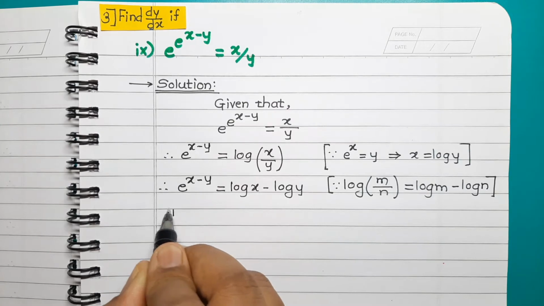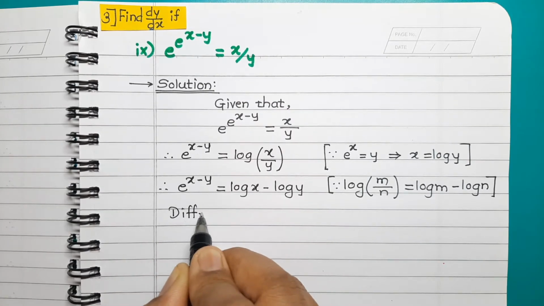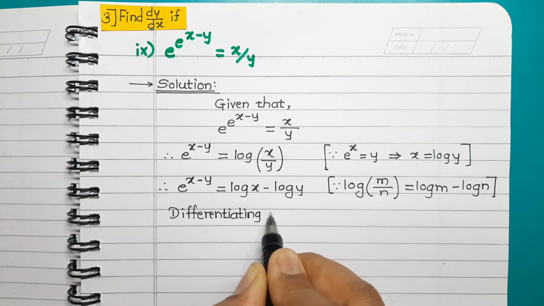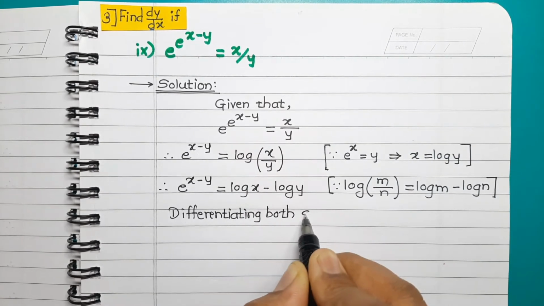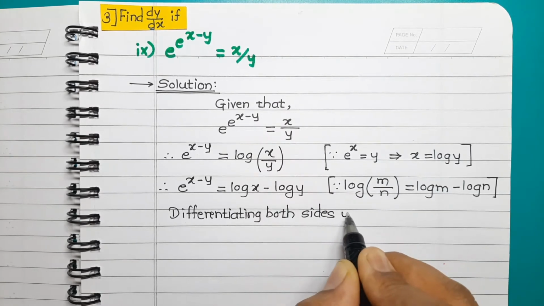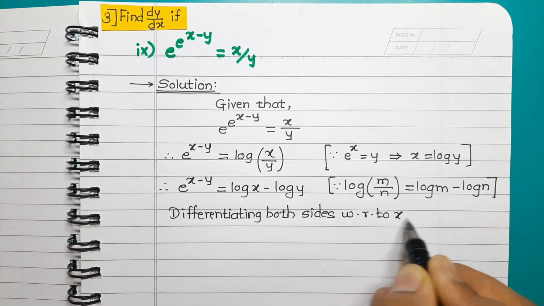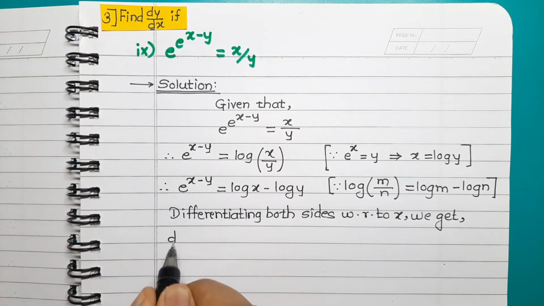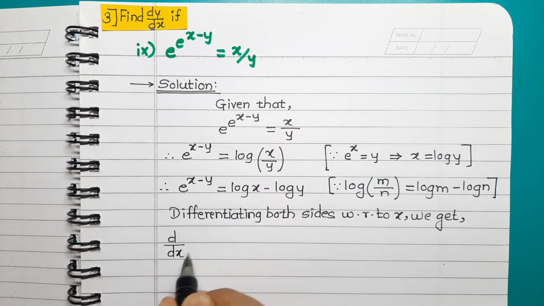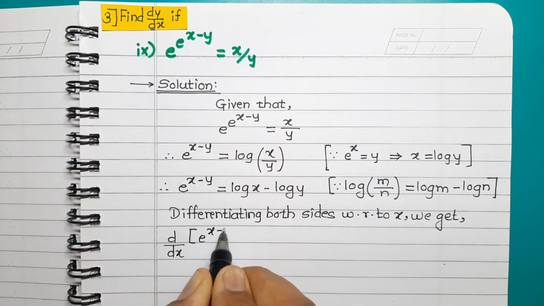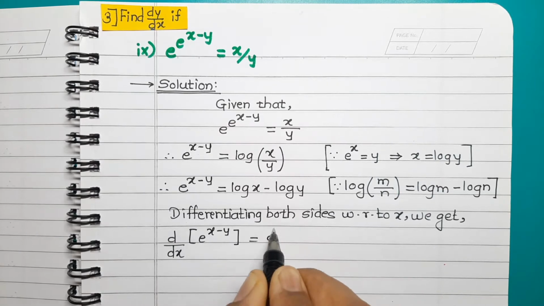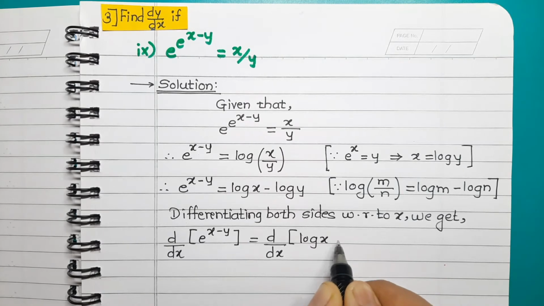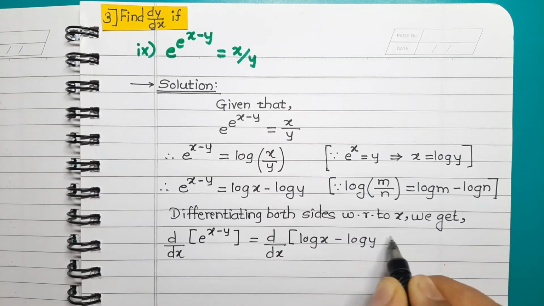So differentiating both sides with respect to x, we get d by dx of e raised to x minus y is equal to d by dx of log x minus log y.